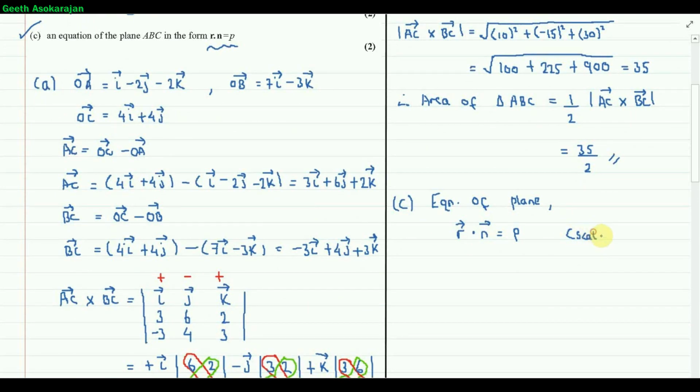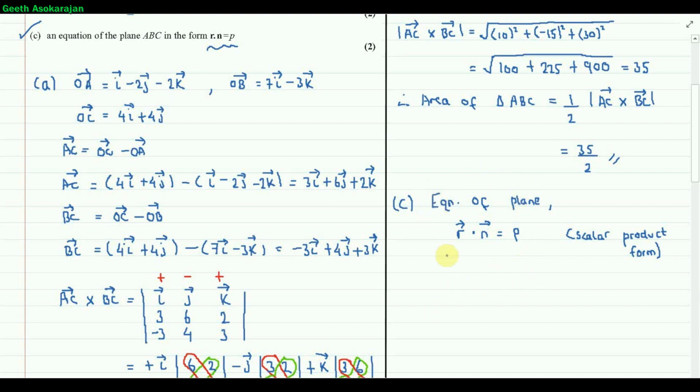So this equation is in what we call scalar product form. Let me briefly explain the notation in this formula. I have created videos on how to work out the equation of the plane, explaining the principles and the method also, so I'll provide links to those videos in the description below.